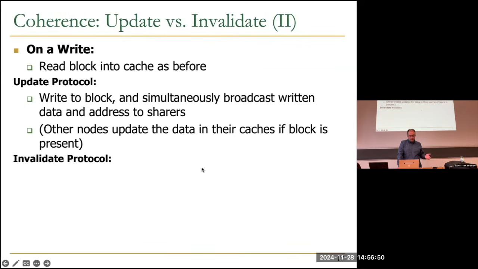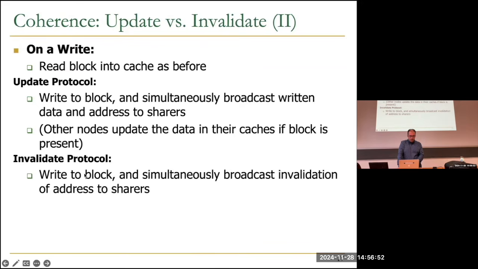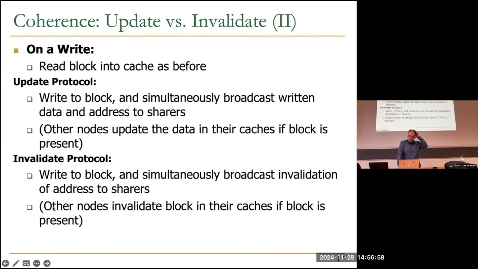For the invalidate protocol, you write to the block and simultaneously broadcast an invalidation of the address to sharers, and other nodes invalidate the block in their caches if the block is present. Makes sense, right? Essentially very simple. When you write to a cache block, you either send your updated data to other caches or you just send an invalidation command.